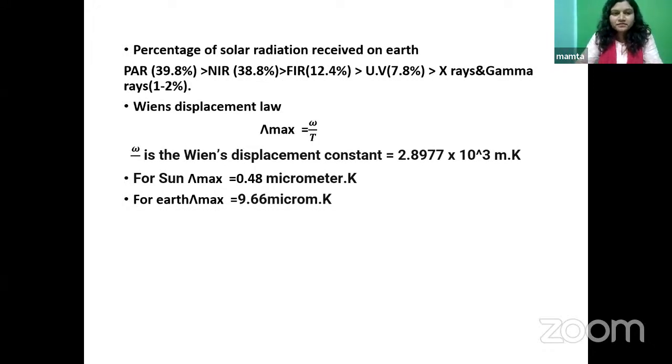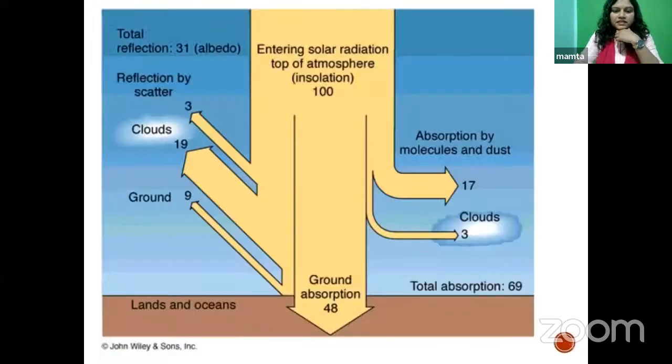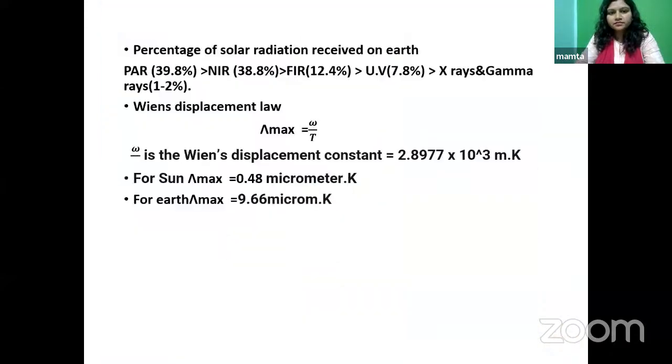Okay, now the percentage of the solar radiation received on Earth, we already discussed now, 48%. And you will see here the albedo value of Earth is 31%. That is also asked. Out of the 48% radiation received on Earth, these are the different types of solar radiation.